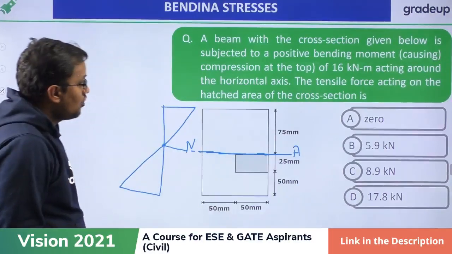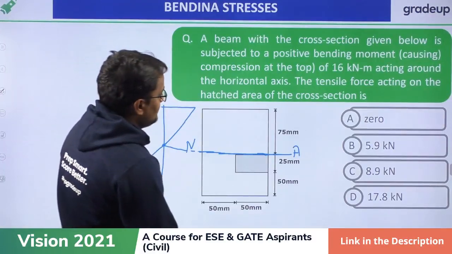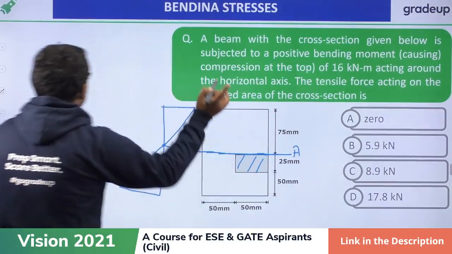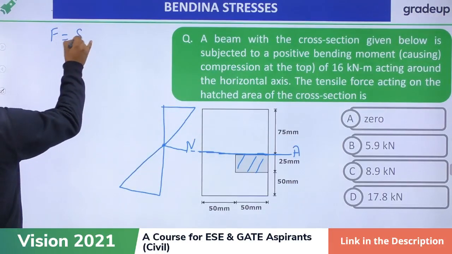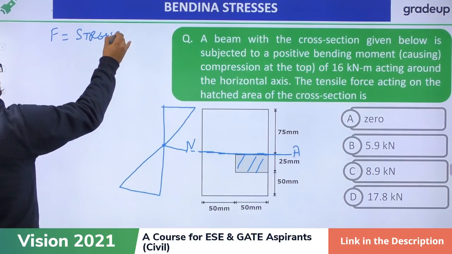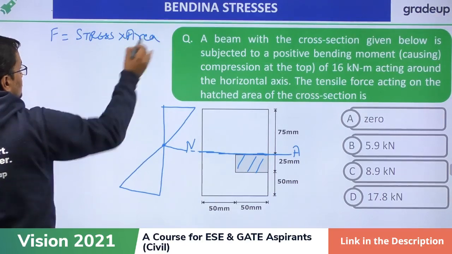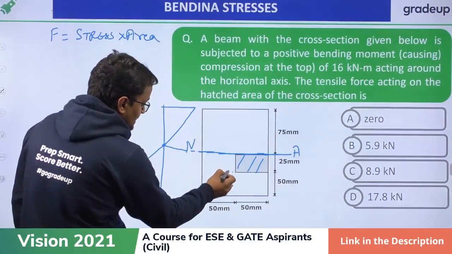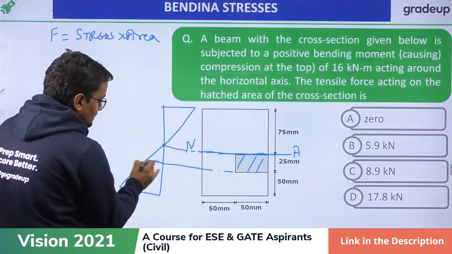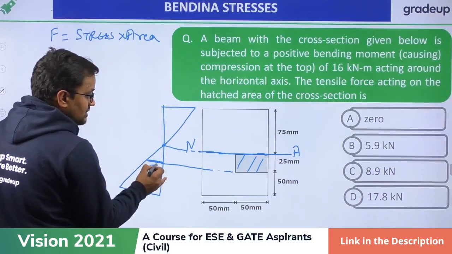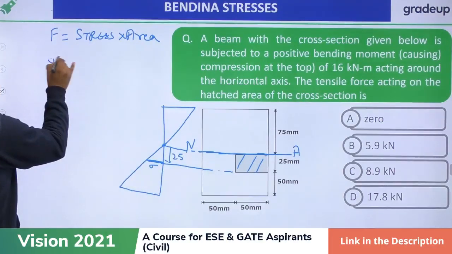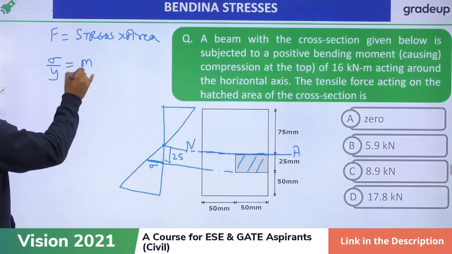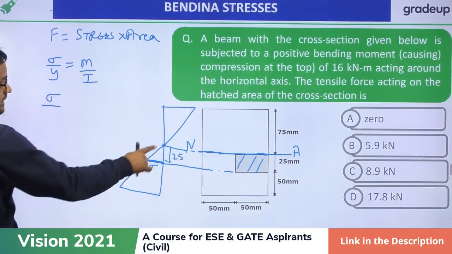Now, we have to find the force on this region, my dear friends. Stress is equal to force by area, we all know that. So force is stress into area. Let us suppose the stress here is sigma, at 25 distance below. We know that sigma by y is equal to M by I. I want to find sigma at 25.